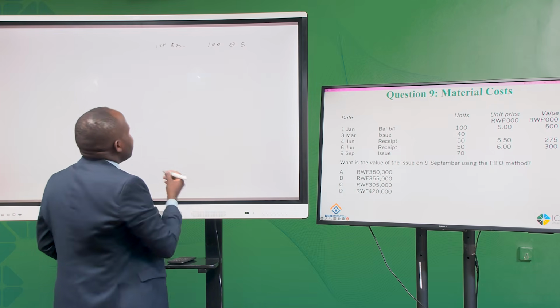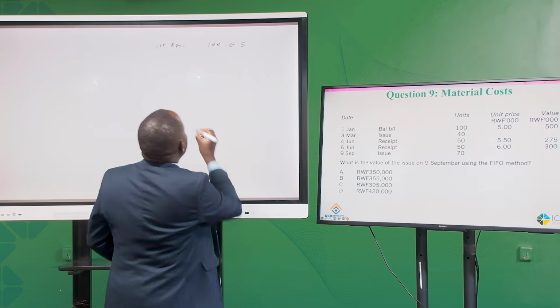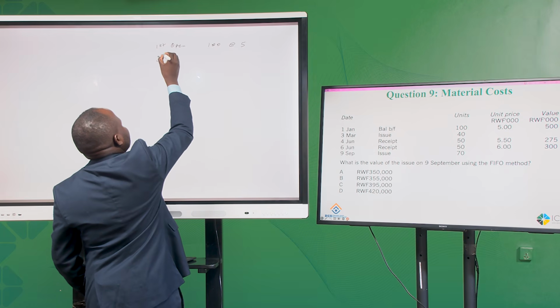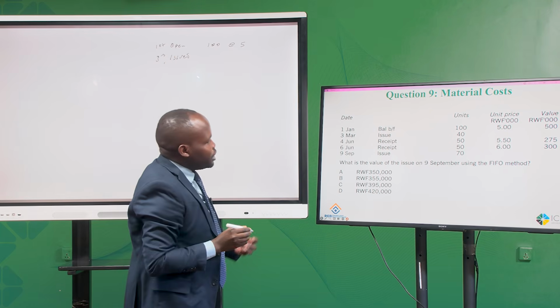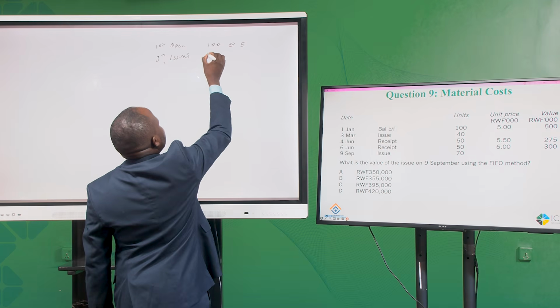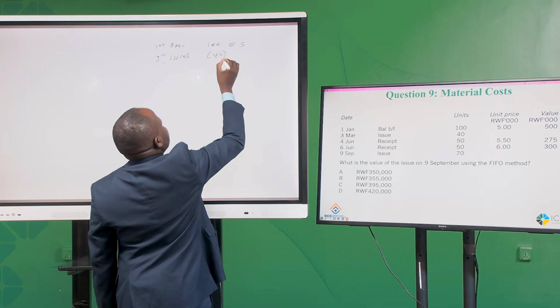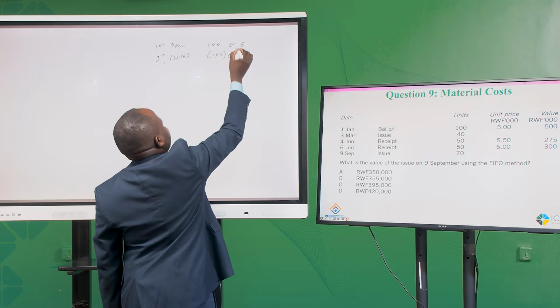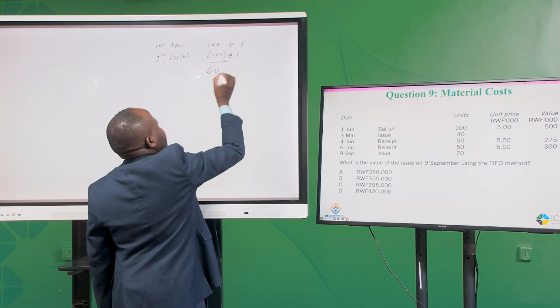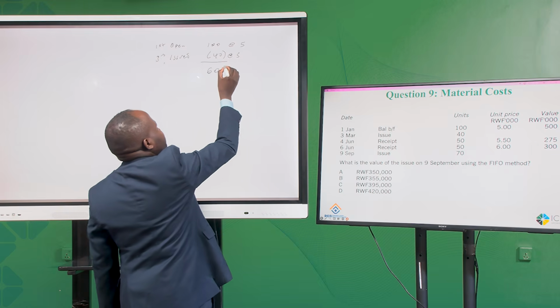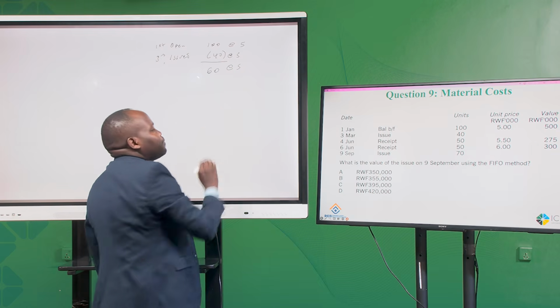And then we issued. The next date was 3rd. Now issues reduce the balance that was there. We issued 40. Of course, you issue at the price which is up there. So what we are remaining with is 60 at 5.